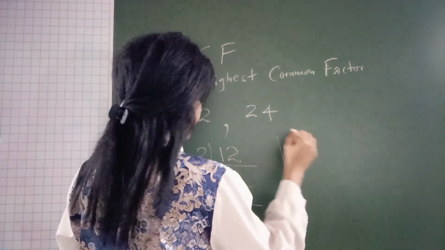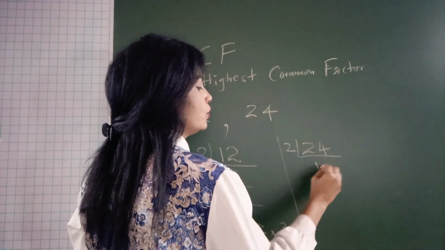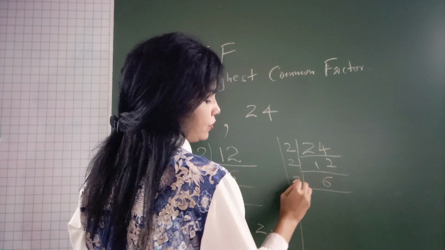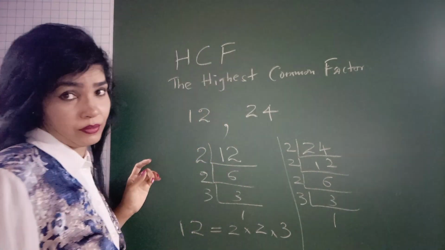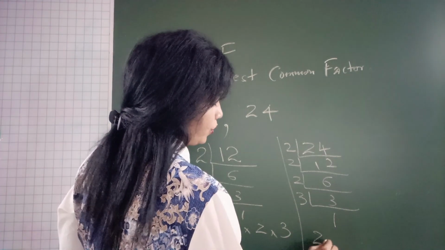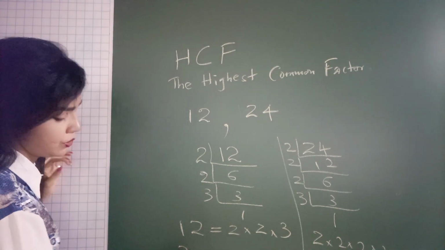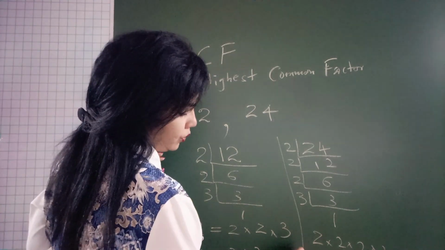They divide by 2, 12, 2, 6, 2, 3, 3, 1. So they write 24 is equal to 2 into 2 into 2 into 3.